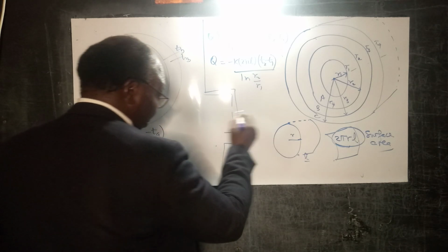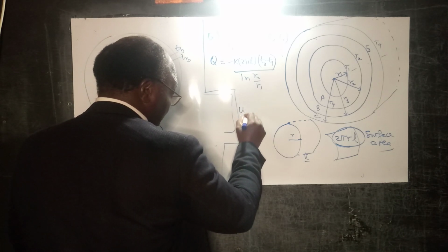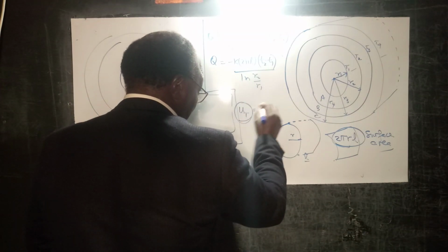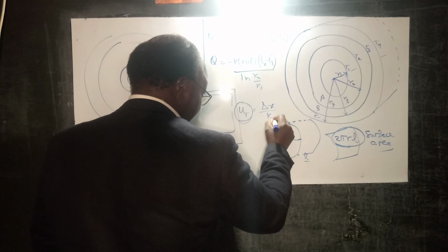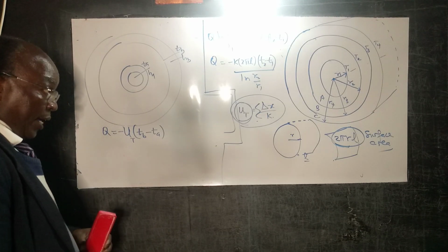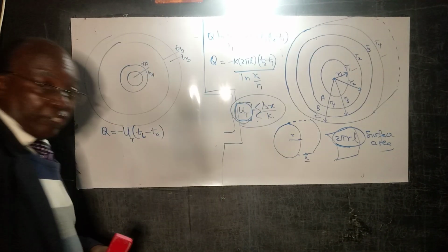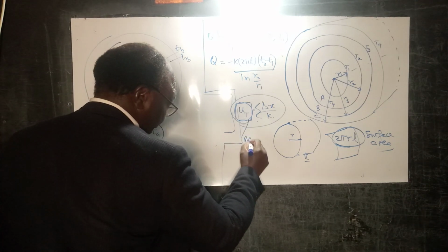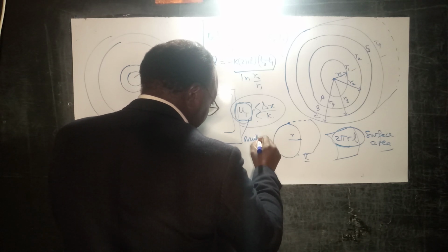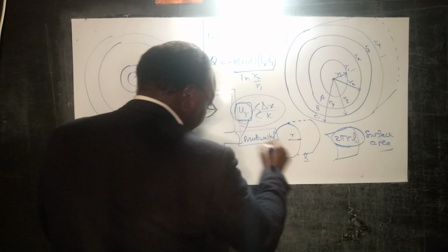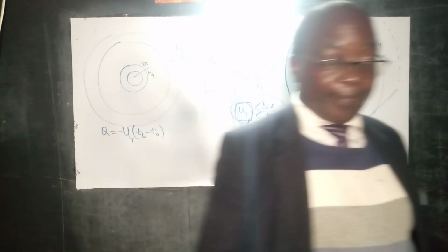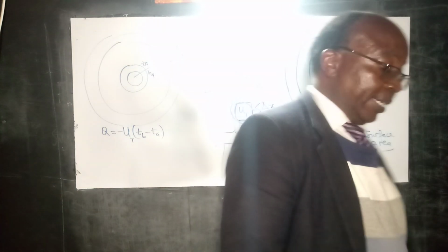If you go back to one of those lectures, we said that UT, the overall transfer coefficient, 1 over UT, was the sum of delta X over K. We said that was the overall heat transfer coefficient when we talked of the composite, multi-walled system, where we had several walls made of different materials and so forth. So I kindly encourage you to look at that earlier lecture.